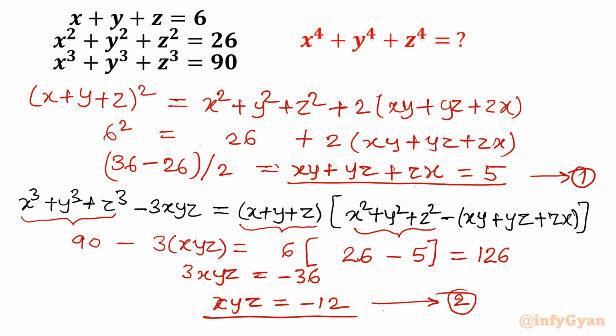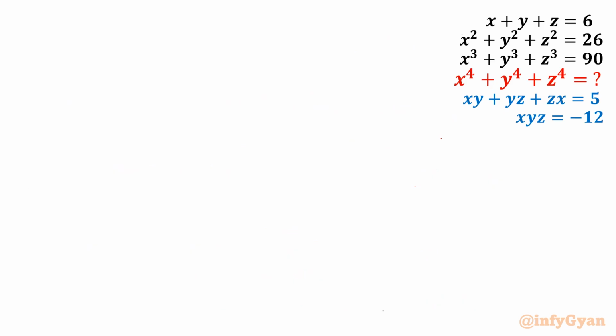Now we have to find the value of x power 4 plus y power 4 plus z power 4. See, these values we calculated, so I kept them in blue color. We have to find the fourth power sum. So let me write x square plus y square plus z square whole square.